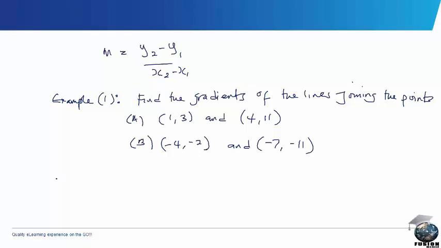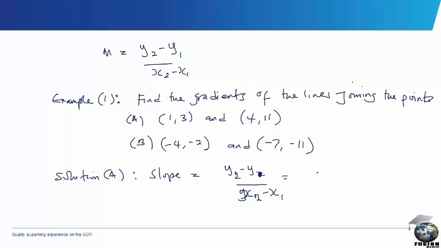Solution for A: the slope will be equal to y2 minus y1 all over x2 minus x1, just like we have above.